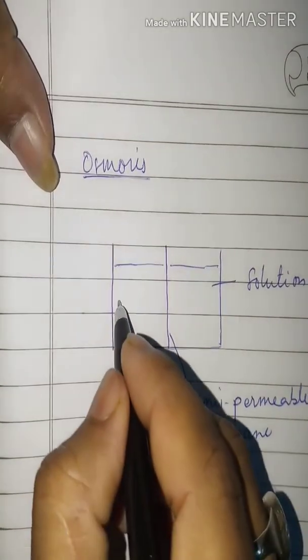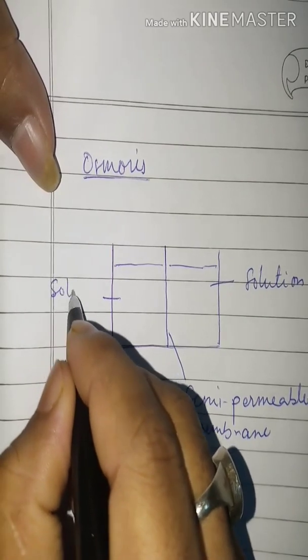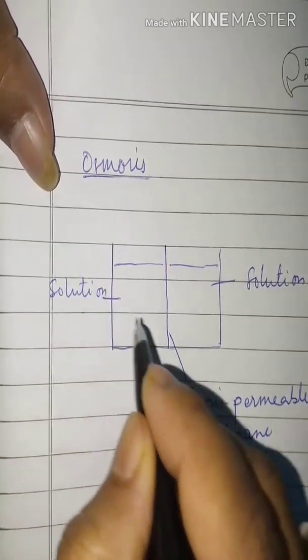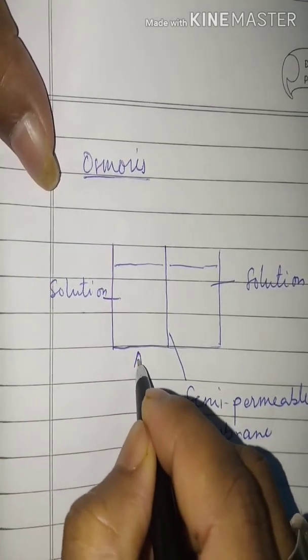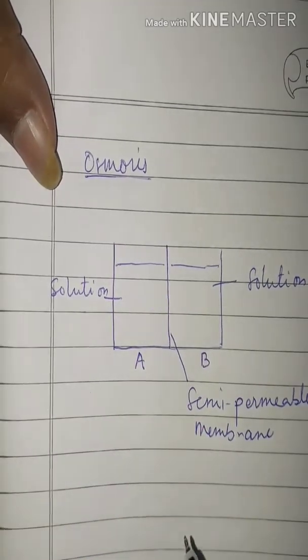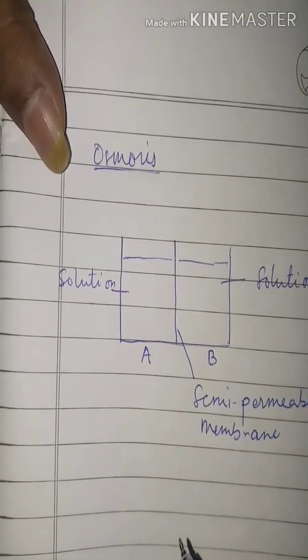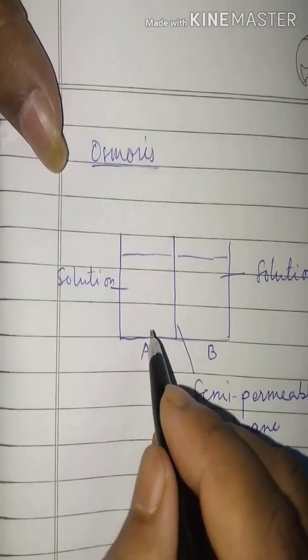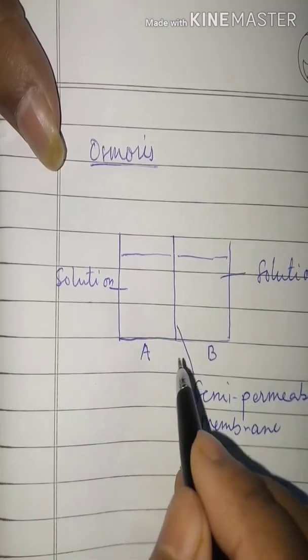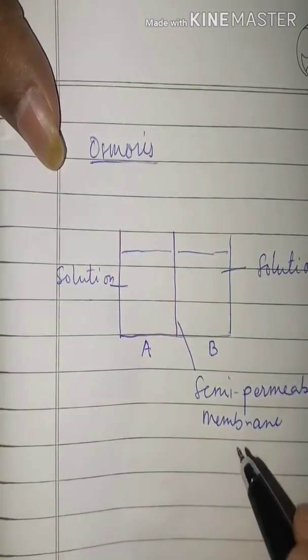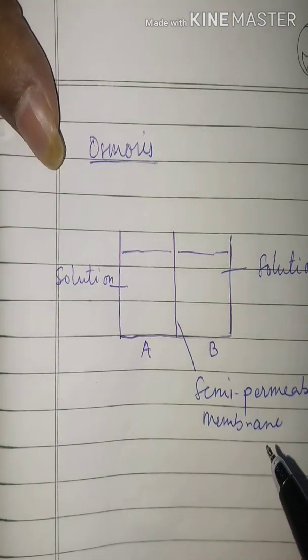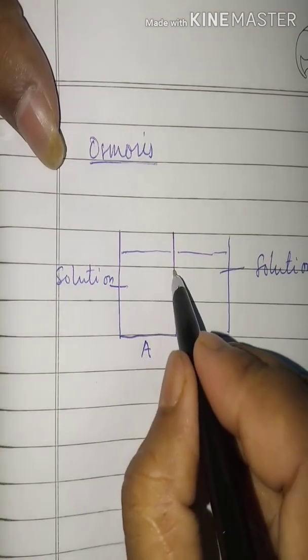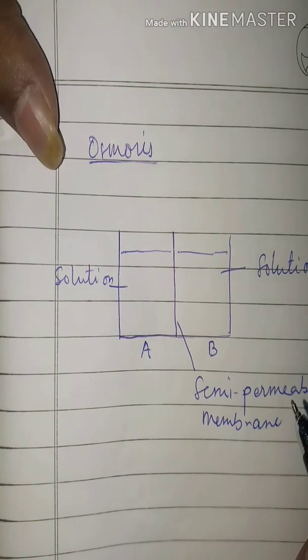So this is the container A, container B, and both the sides are separated by a semi permeable membrane that contains minute pores.